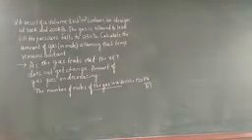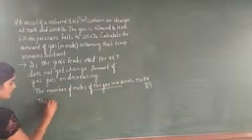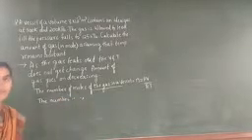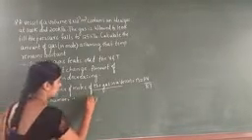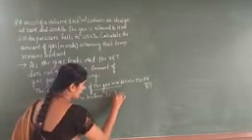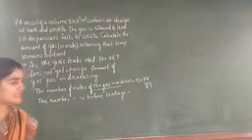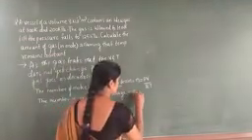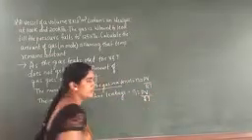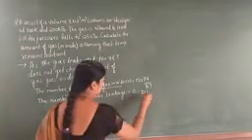In the same way, we consider the number of moles before the leakage of a gas in a vessel: n1 is equal to P1 V by RT.